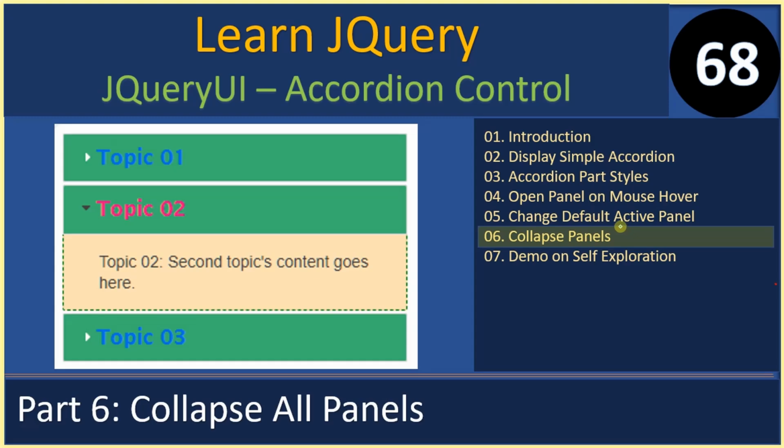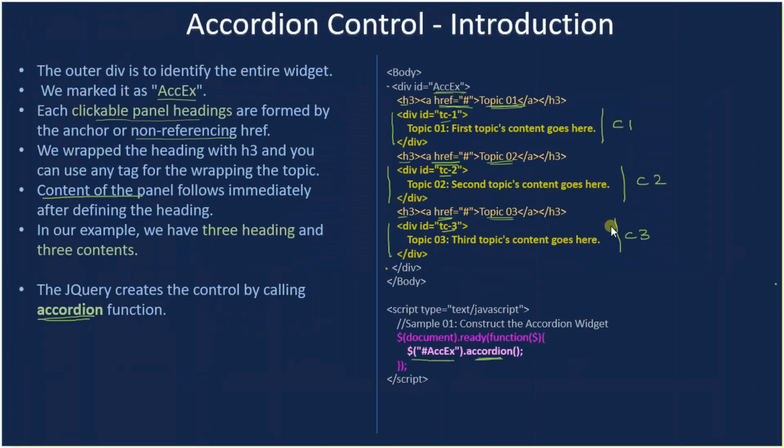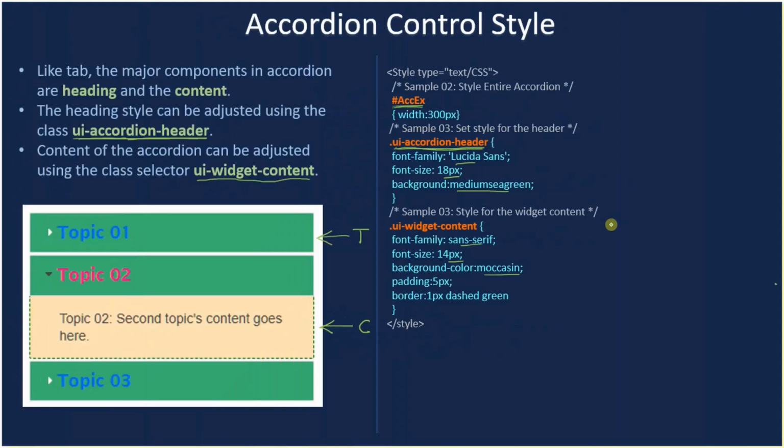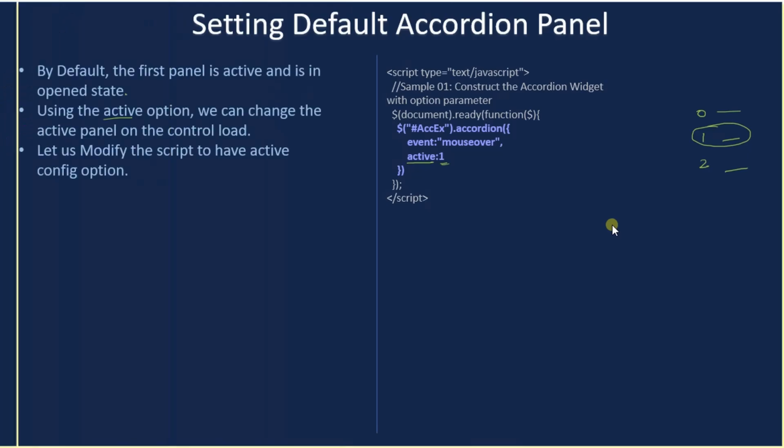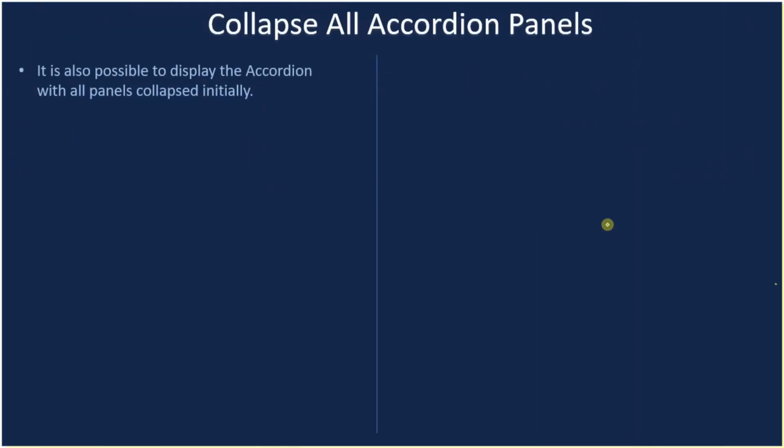Now let's see the configuration option to collapse all the panels. It is also possible to display the accordion with all panels collapsed initially.